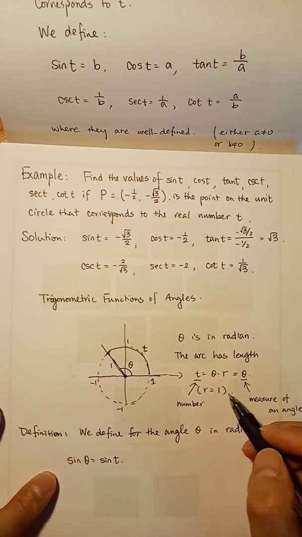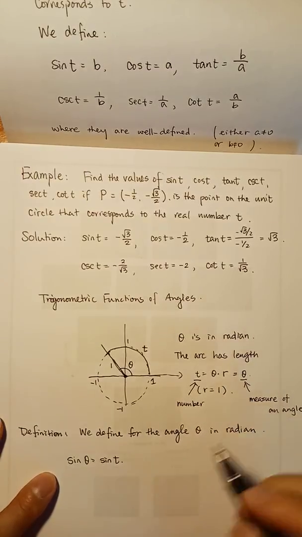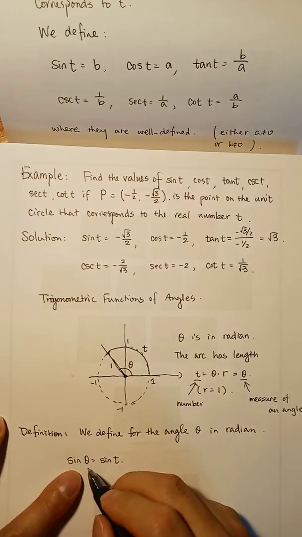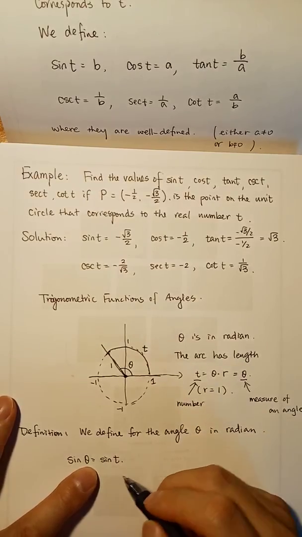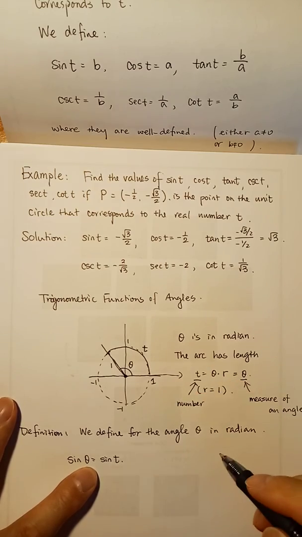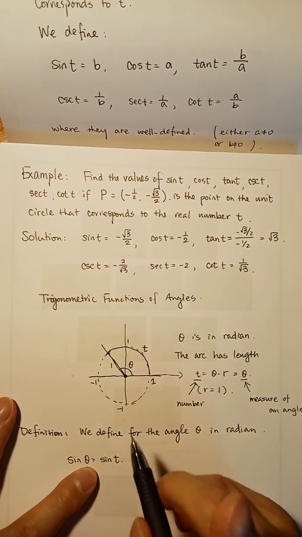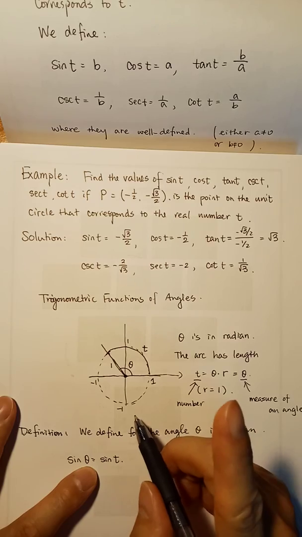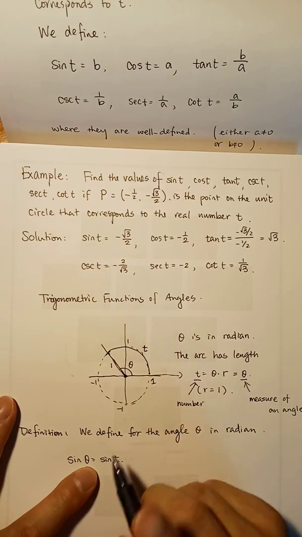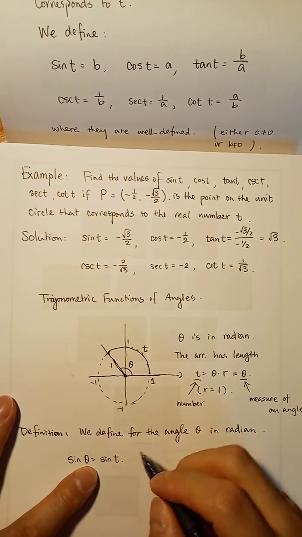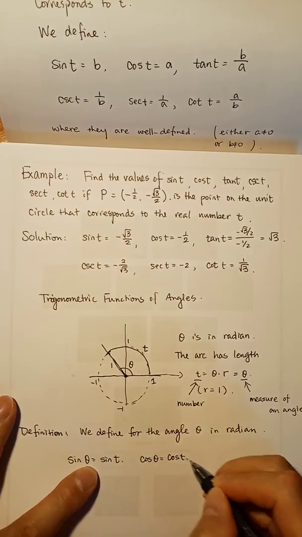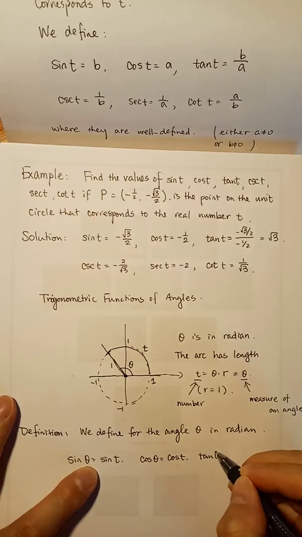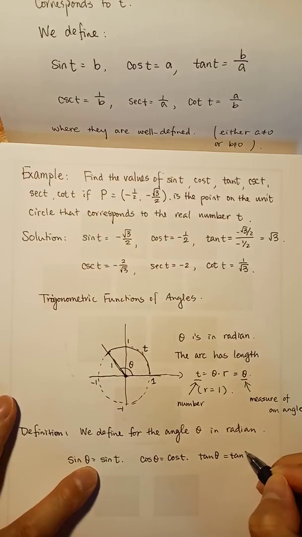Arc length is equal to the radians times the radius. So the angle is defined through the corresponding arc when the radius is 1. Very important. This part, radius must be 1. If the radius is not 1, then your answer is not correct. So the cosine of theta is cosine of t. Tangent of theta is tangent of t.